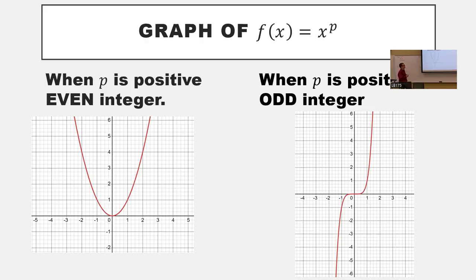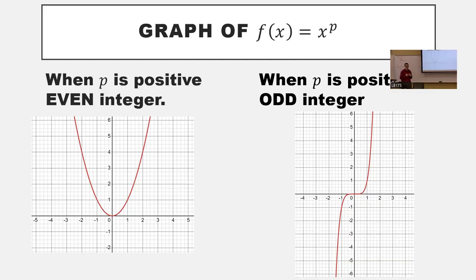And if we have an odd integer, then we get this shape where moving to the left shoots to negative infinity, moving to the right shoots to positive infinity. So positive even integers versus positive odd integers give us these two shapes.